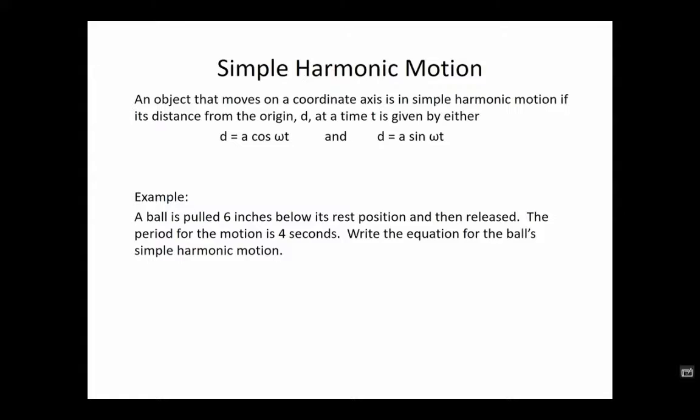And of course, these up and down oscillations are simply called simple harmonic motion. An object that moves on a coordinate axis is in simple harmonic motion if its distance from the origin, d, at a time t is given by either d is equal to a times the cosine of omega t, or d is equal to a times the sine of omega t.